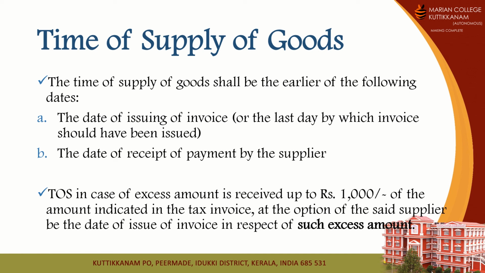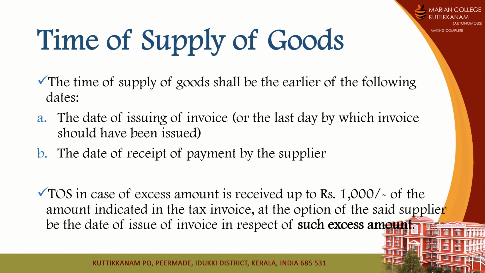In case of an excess amount of rupees 1,000 over the amount indicated in the tax invoice, the time of supply can be determined as follows. To the extent of such excess amount, at the option of the said supplier, it shall be the date of issue of invoice. That means if rupees 1,000 is the excess amount, for that excess amount the time of supply will be the date of issue of invoice.